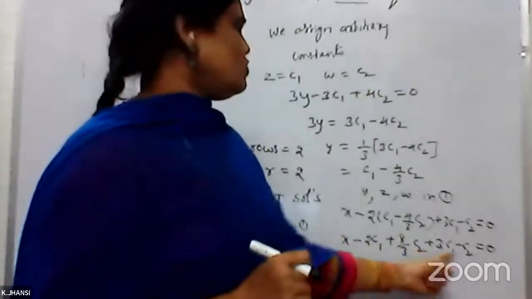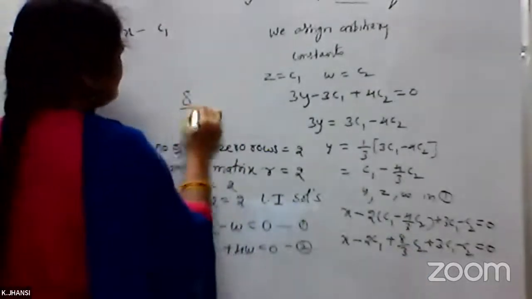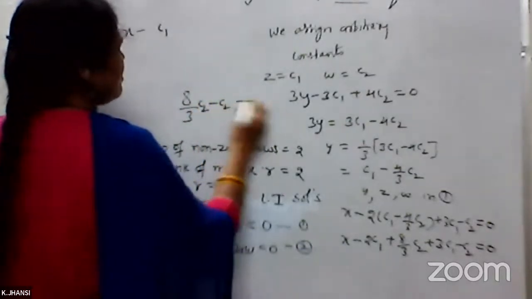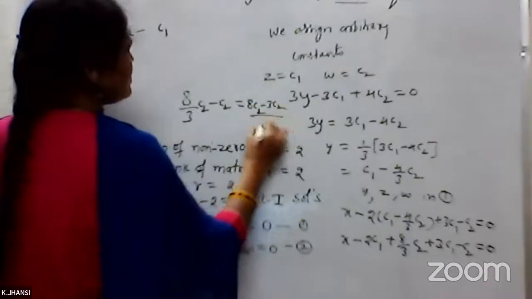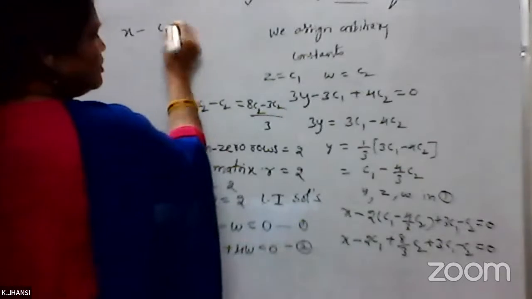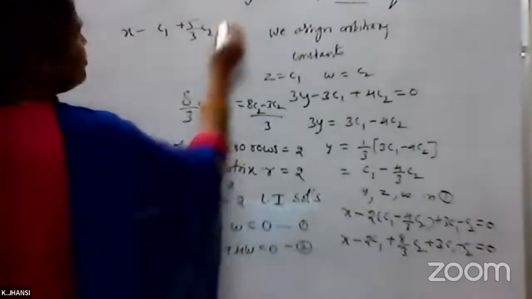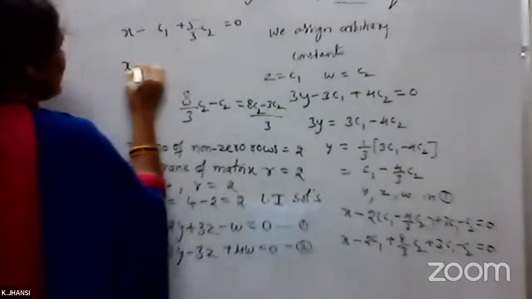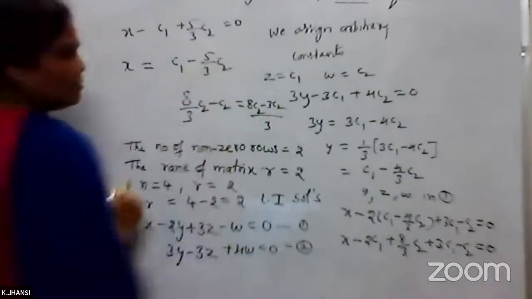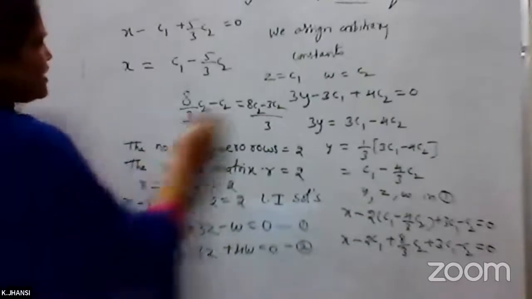Next, 8 by 3 c2 minus c2 gives (8c2 minus 3c2) by 3, that is 5 by 3 c2, plus 5 by 3 c2 equals 0. Therefore x equals c1 minus 5 by 3 c2. So this is our x value. Like this, you have to find the x, y, z values.